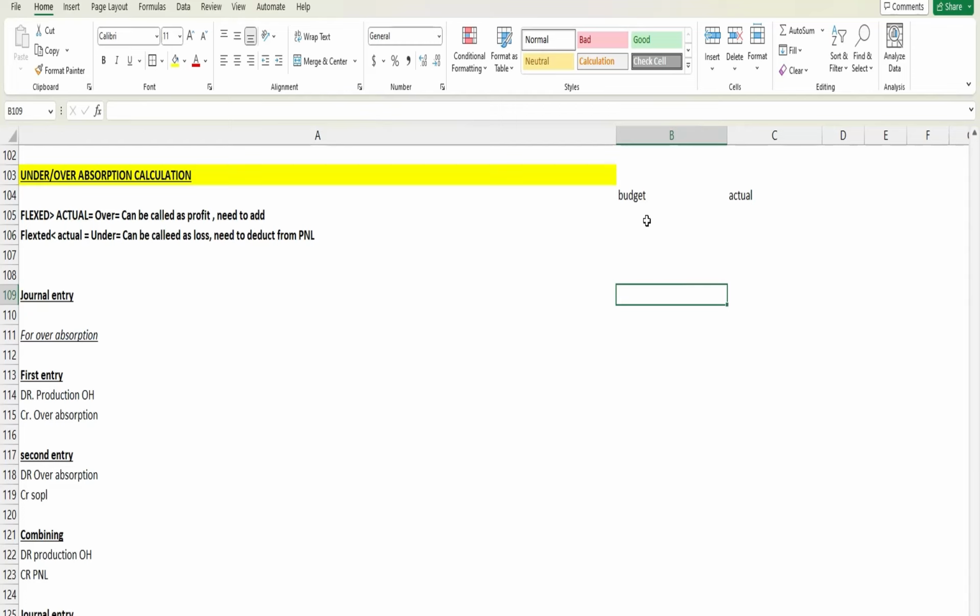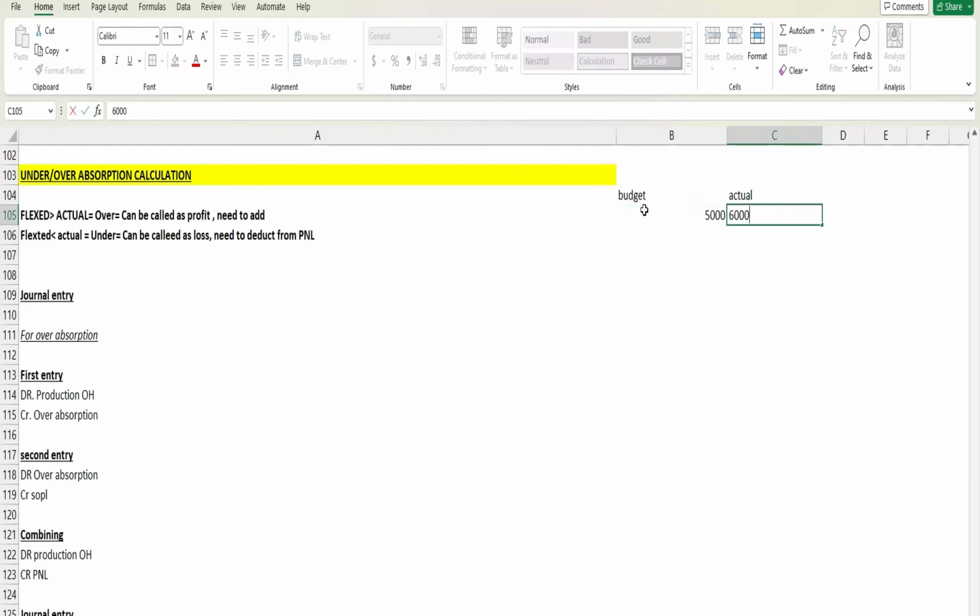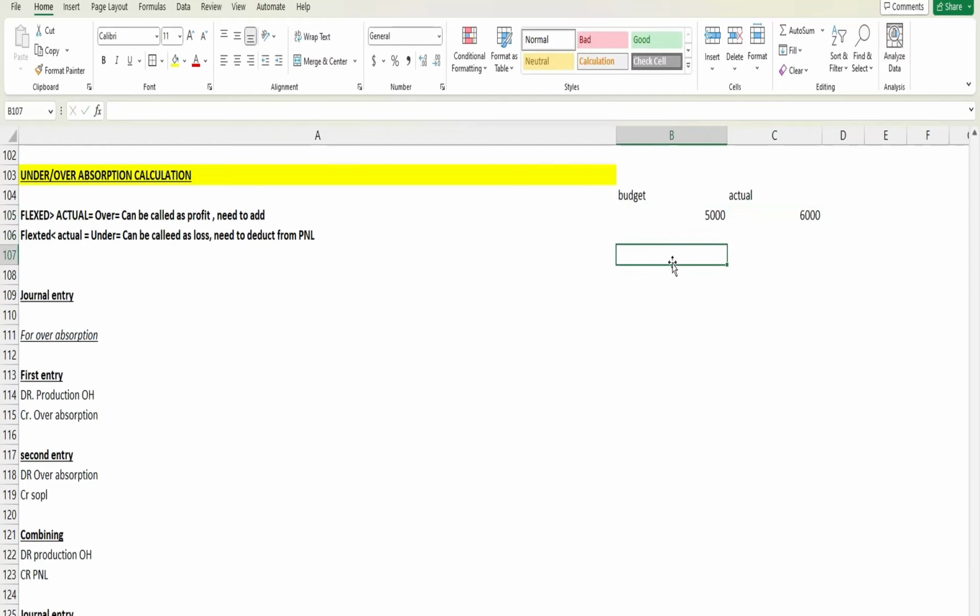Suppose you have budgeted the figures according to 5,000 units, but actually you produce 6,000 units. If you take the budgeted figure, it's incorrect. We need to flex the budget according to the actual units of production. This is known as the flex, in simple terms.